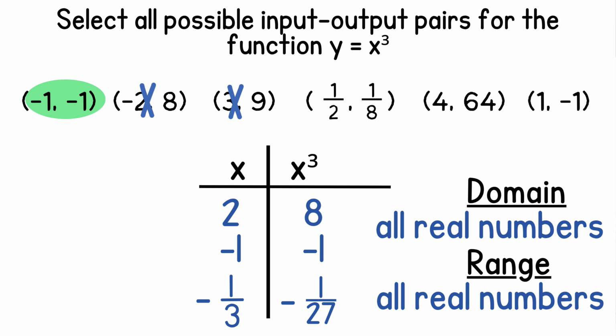When we cube 3, we should get 27, so this is not a solution. Now we have (1/2, 1/8). When we cube 1/2, we get 1/8, so this is a solution. Now let's look at (4, 64). 4 cubed gives us 64, so this is a solution. Our last one is (1, -1), but if we cubed 1, we would get a positive 1 as the answer, not a negative. So this won't be a solution.